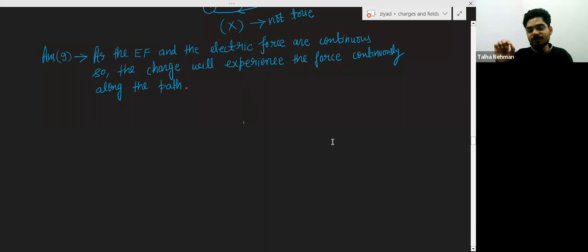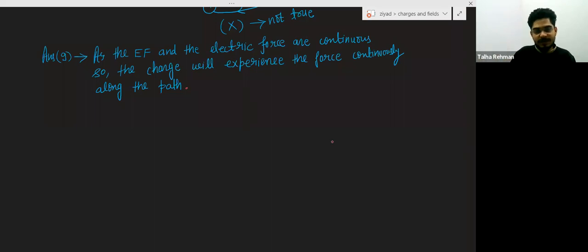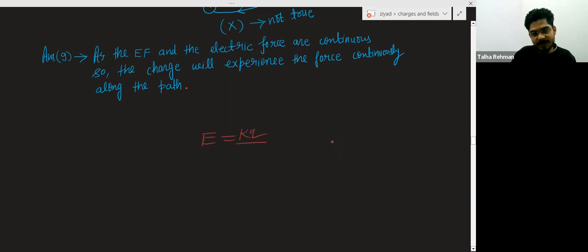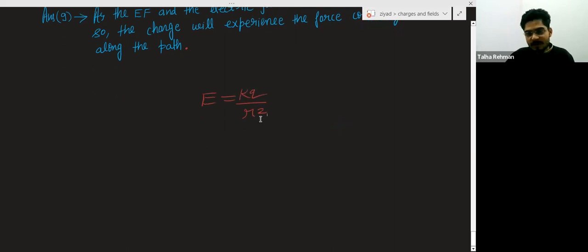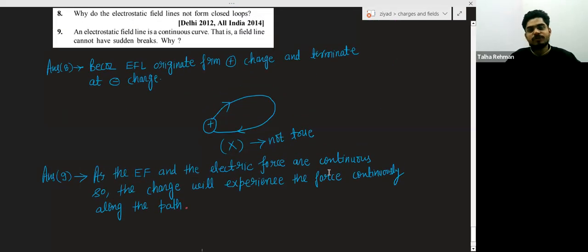At all values, see, the electric field formula is E equals KQ divided by R square. So at all values of R, it will give some value. At infinity, it will become 0. So that is why the range will be from minus infinity to plus infinity. Okay, so you can write this answer also.